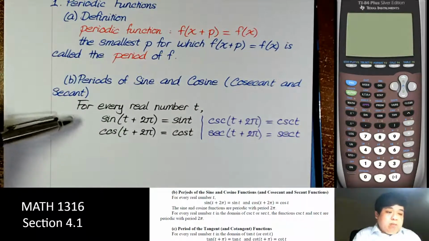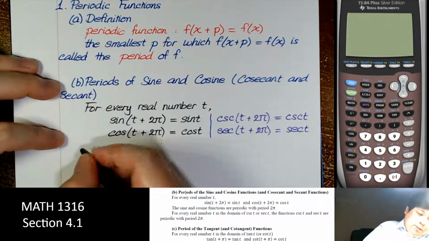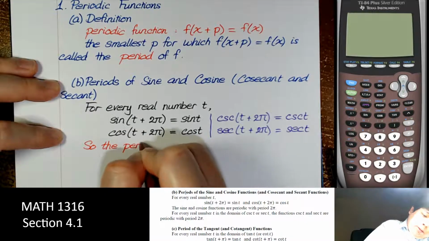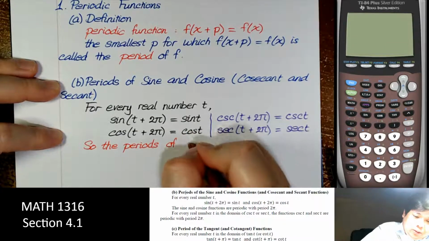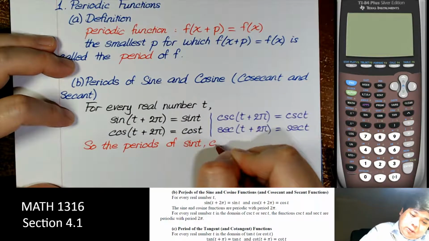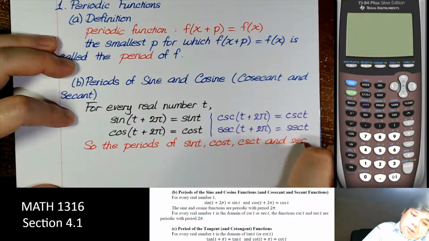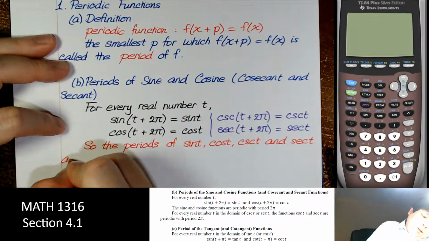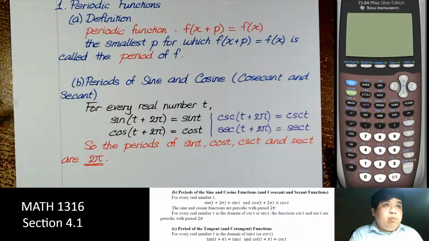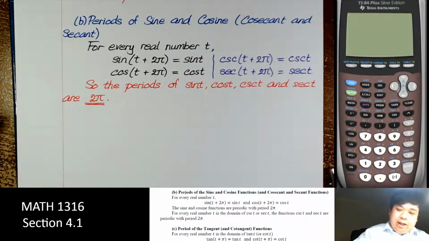Because of this, we say the period for these functions is 2 pi, meaning that they will repeat themselves after 2 pi. Right. Next.